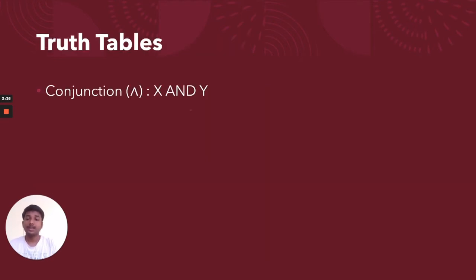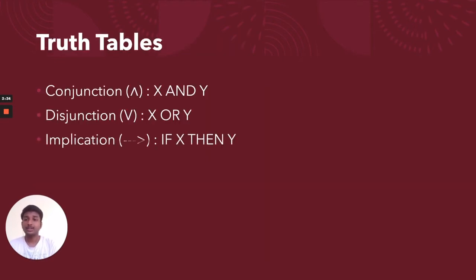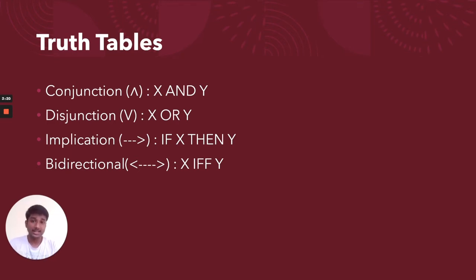And coming to the truth tables, here we have conjunction. Conjunction means we use the and operator. A truth table defines a logic function of two propositions. Disjunction, implication, bidirection.